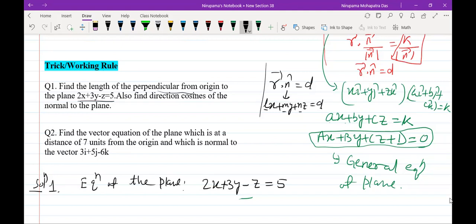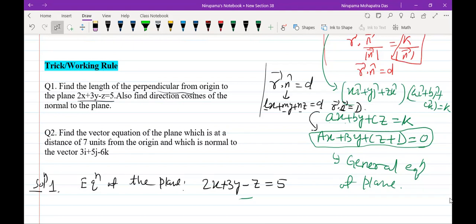The other form, which we get in 99% of cases, is r dot N vector equal to d, where N vector is of the form Ai plus Bj plus Ck. Here D is any constant, whether you put it on the left side or right side, that is up to you. I am just talking about the general form.